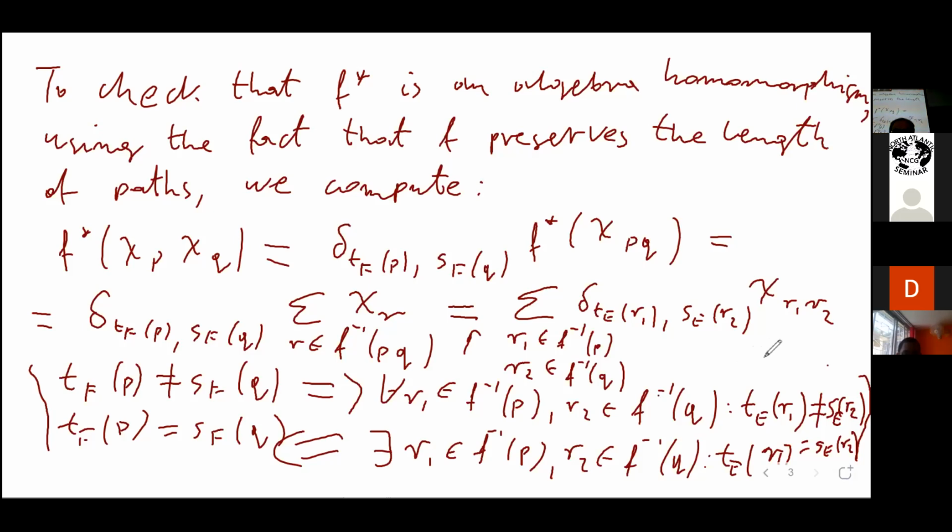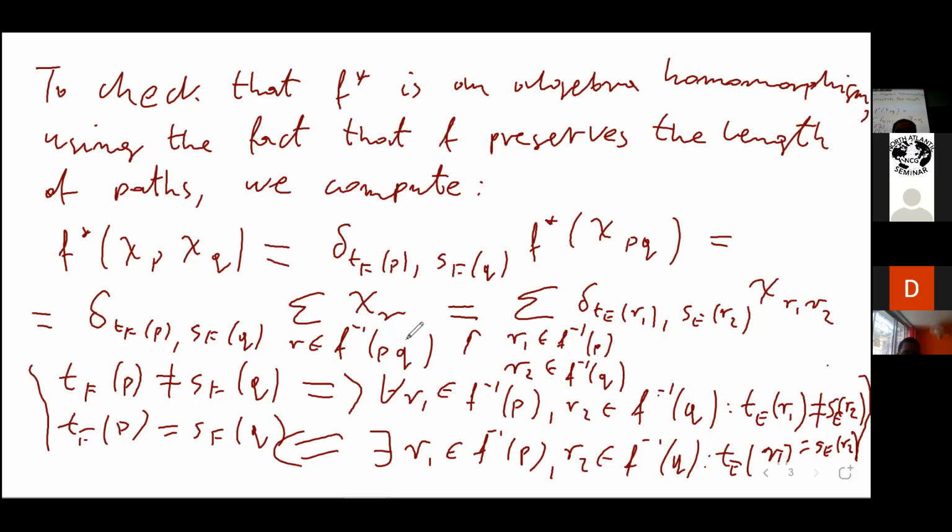So yes, but you see, I'm trying to figure out, of course, chi. Okay, so this is chi R. All right. I'm looking for all paths which are in the preimage of the path PQ. So sorry, this is not obvious. I have to use the length. Without it, this doesn't work.